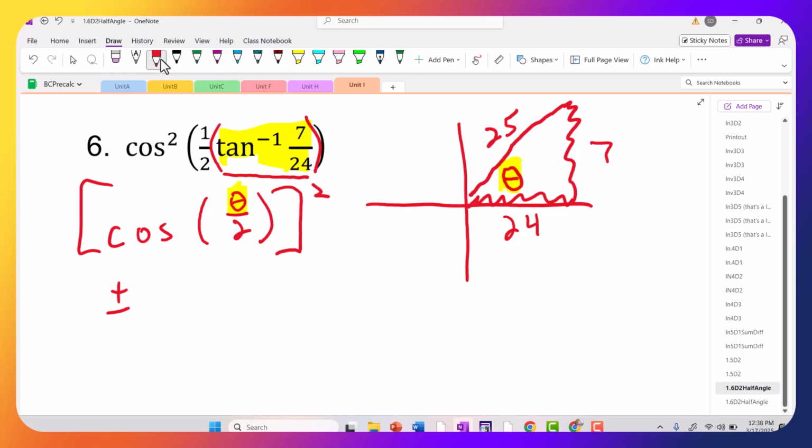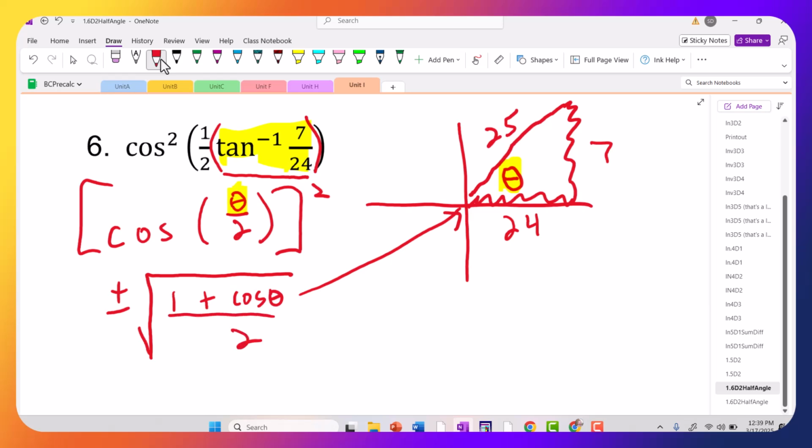Square root of cosine likes itself. So it's 1 plus cosine theta. I'm going to write this, and that just means I access this triangle information. How do I do theta over 2? I've got to go to the theta triangle. All right? And then all over 2, and then squared. So then I get to plug that in.